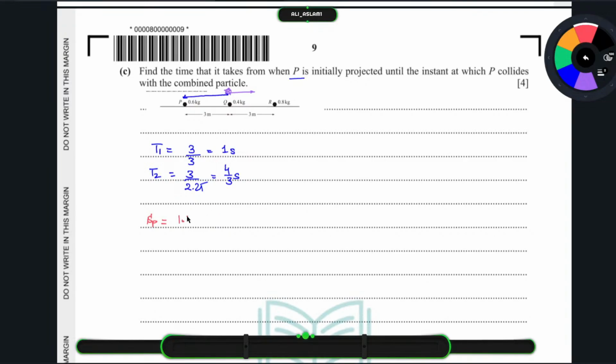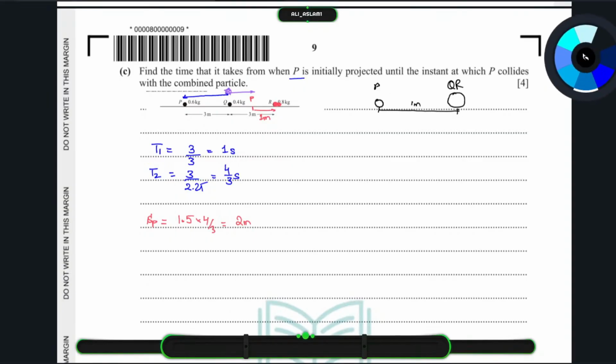That would be 1.5 into 4 by 3, which is equal to 2 meters. Now we know it has traveled 2 meters, meaning the distance between P and the combined particle QR is 1 meter.